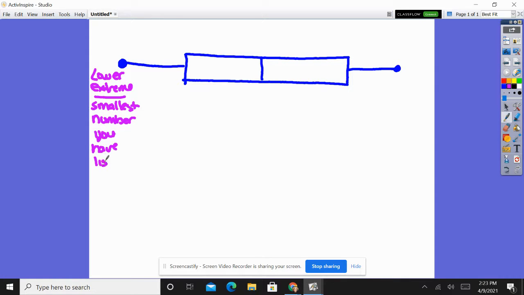Okay? This dot, this end of this whisker, is called the upper extreme. And this is the largest number that you have listed.